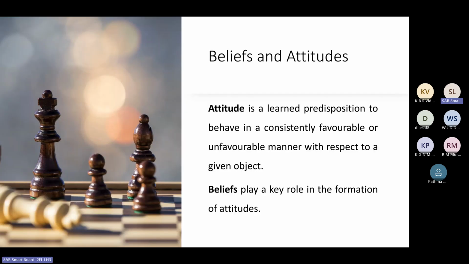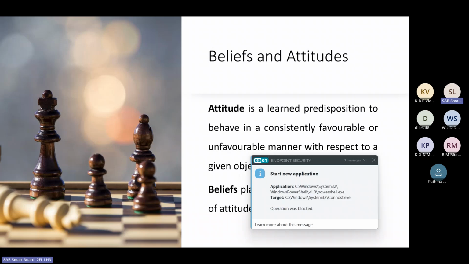Then the next one is beliefs and attitudes. Attitude is a learned predisposition to behave in a consistently favorable or unfavorable manner with respect to a given object. Right? So this is also something fixed, but it takes time for us to have an attitude. That is why in Sri Lanka, the attitude towards voting for a political party is difficult to change.